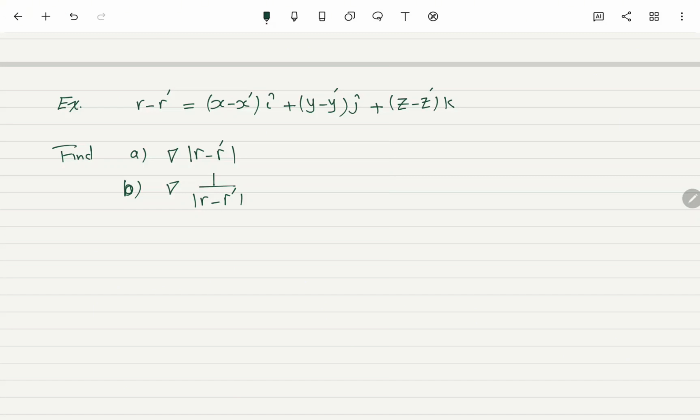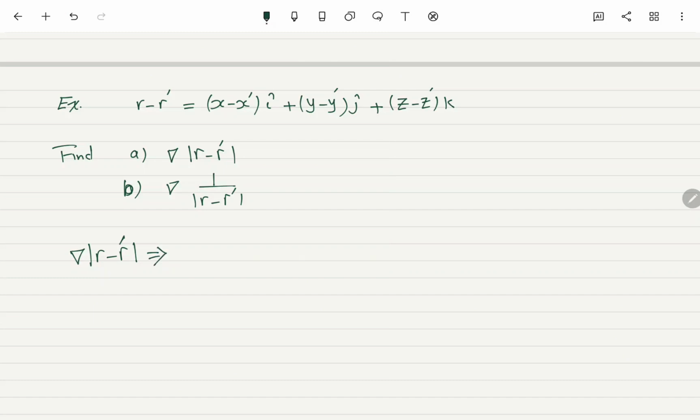Now, before going further, these two quantities are very important quantities in electrodynamics, so let's find them. First, let's find gradient of the magnitude of r minus r prime.